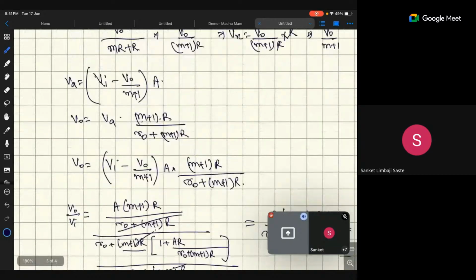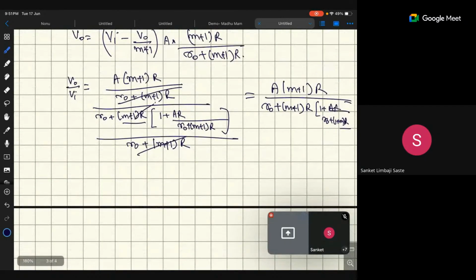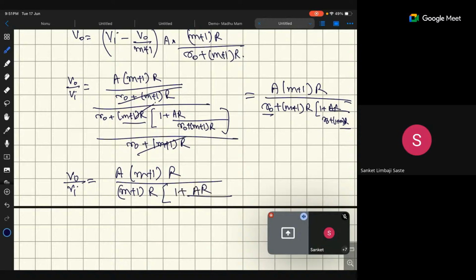If R naught is not available, so basically R naught is 0, then V naught upon Vi is A into M plus 1 times R, with R naught 0, over M plus 1 times R, 1 plus AR upon 1 plus M times R. These two cancel out, and R and R cancel out.